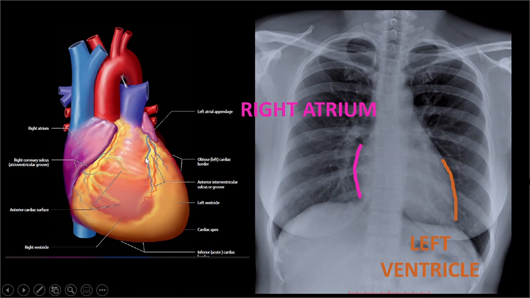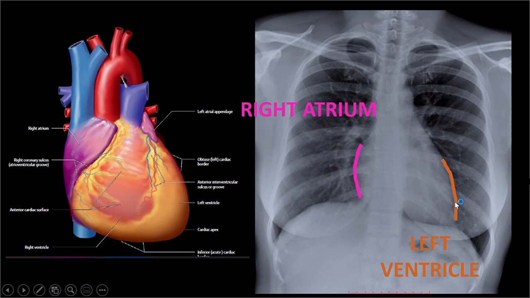So just to give a picture, this is the right atrium, because if you notice, this is the orientation of your heart. Basically, it's placed obliquely, wherein at the right side you just have the right atrium. At the left side, you have the left ventricle with the cardiac apex at this portion. So this is the cardiac apex.